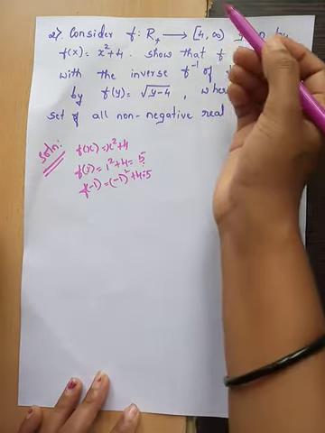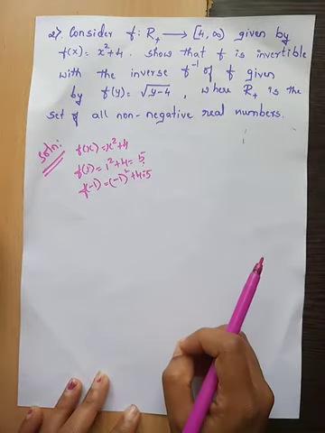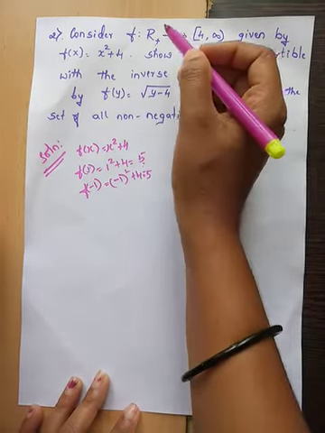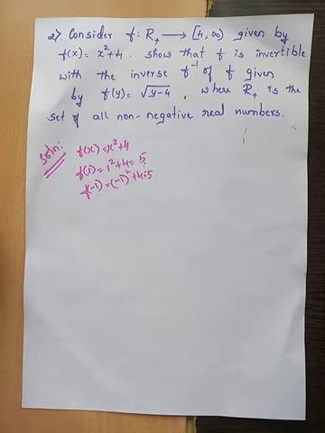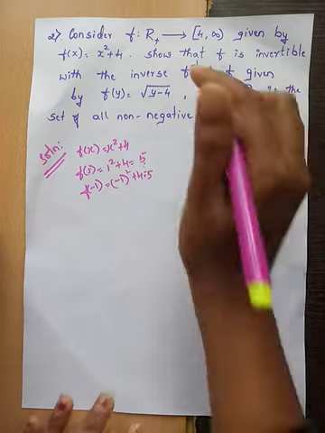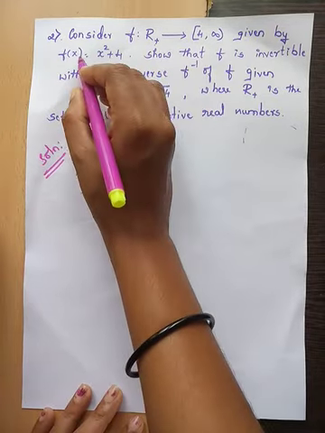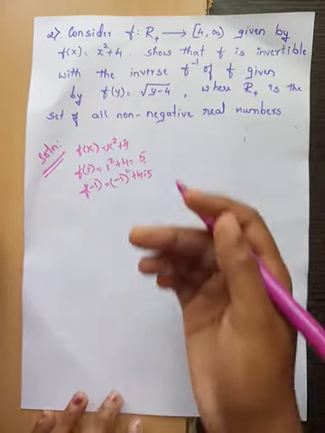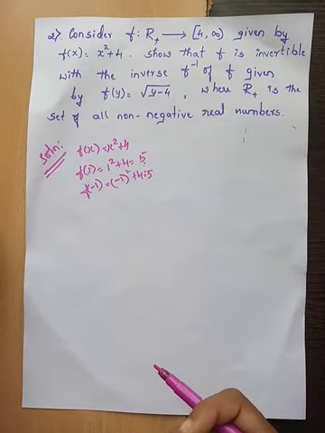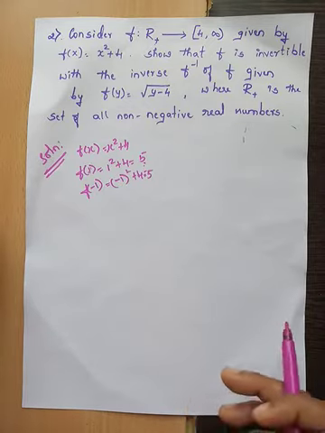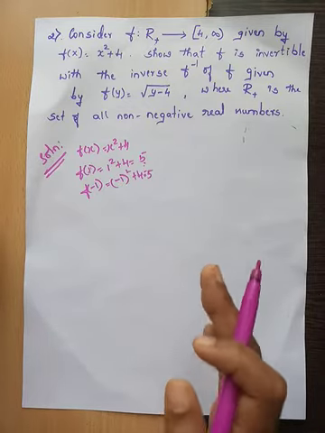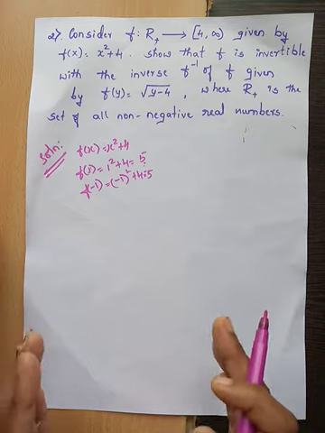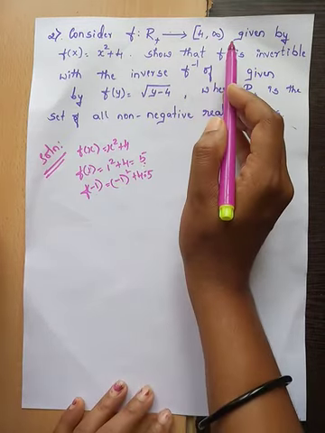And why only this interval? The least non-negative real number is 0, so f of 0 is 0 plus 4, and any number greater than 0 gives a value greater than 4. So instead of taking all real numbers, we restrict the codomain to [4, infinity).